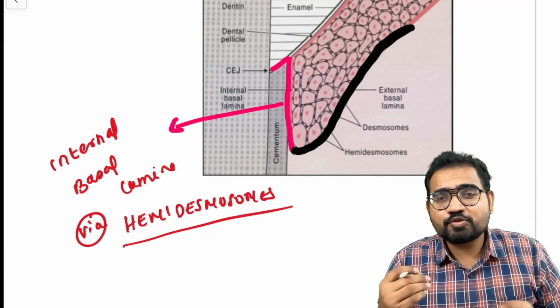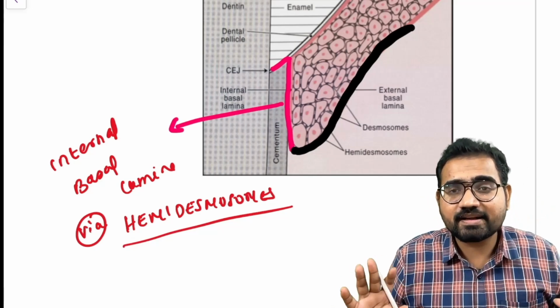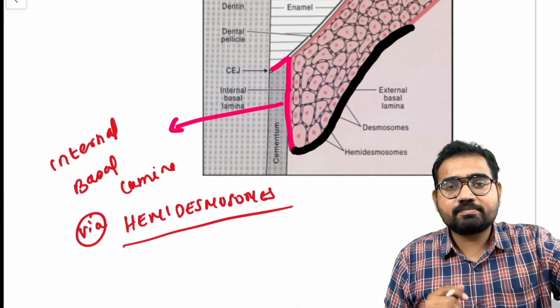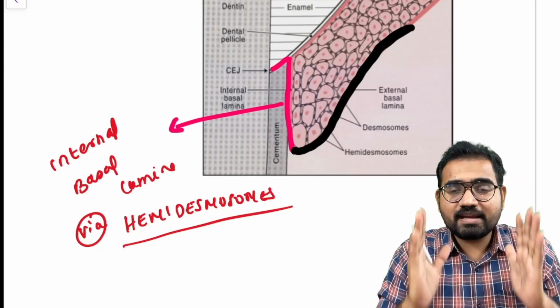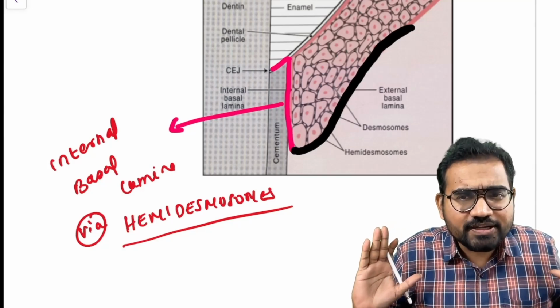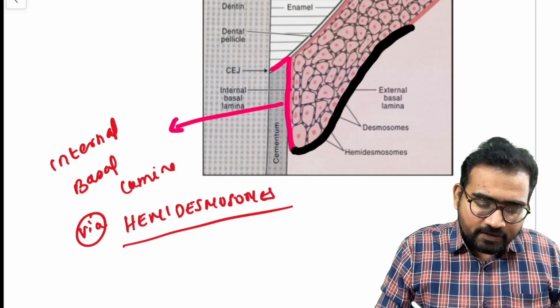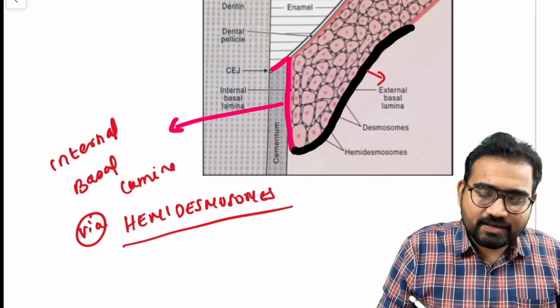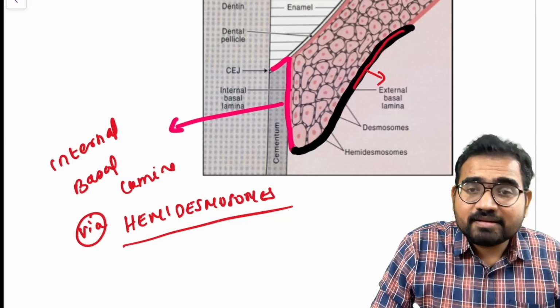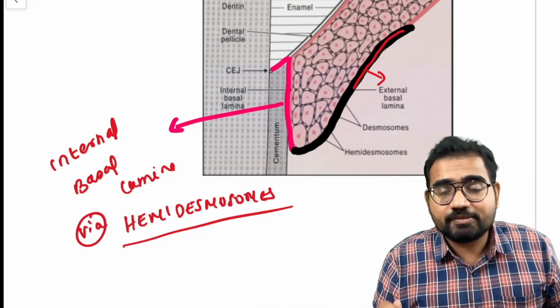Desmosomes, hemidesmosomes, integrins, all these are connection proteins. Cell to cell connection, cell to basement membrane connection. So the basal lamina is connected to the tooth by hemidesmosomes. Cell to cell connection is by desmosomes. The external basal lamina connects the epithelium to the gingival connective tissue fibers.